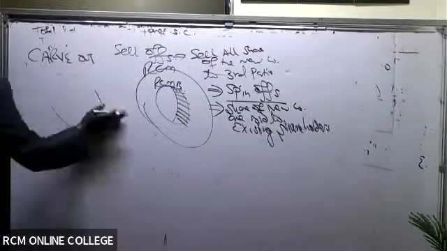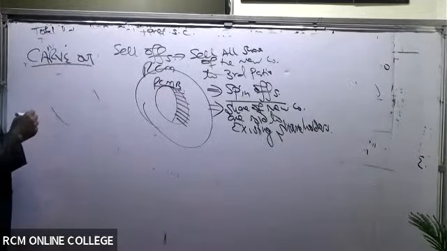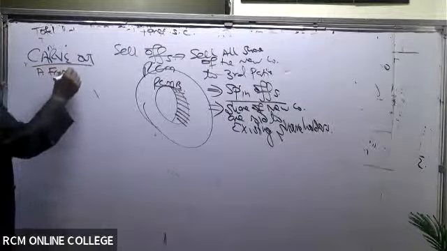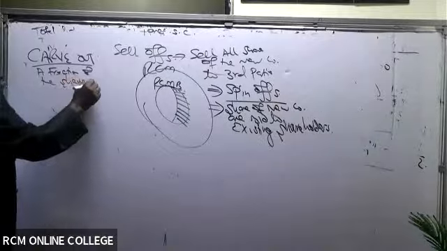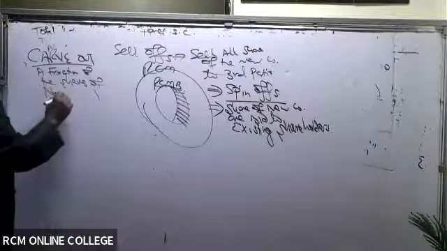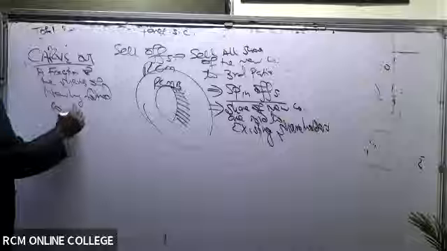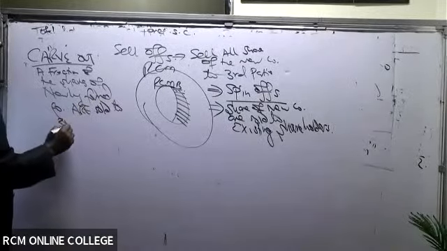So, very fast, ladies and gentlemen, a carve out is a form of unbundling where a fraction of the shares of the newly formed company are sold to third parties.